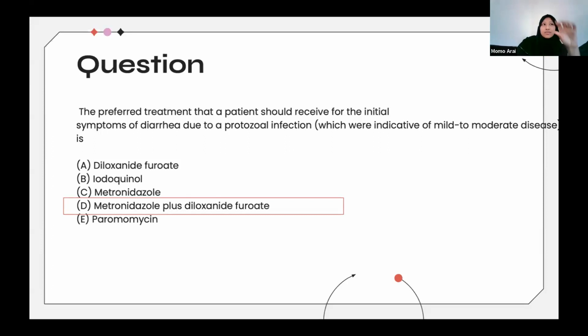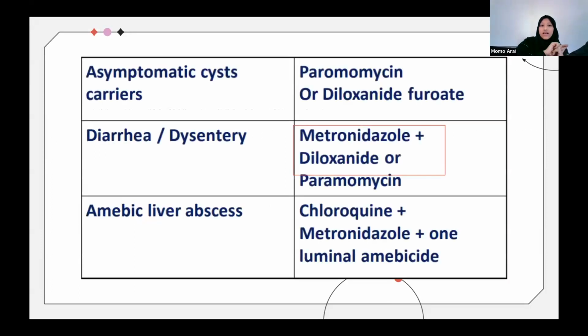Basically, the patient is showing symptoms of diarrhea due to protozoal infection. There's a certain protocol we all have to follow for patients who are asymptomatic, for patients showing symptoms, and for patients with severe disease. If you go to the next slide, there's a table. I just wanted you to remember this, because if a patient is asymptomatic, you can use A alone, which is diloxanide furoate. It's fine to use it alone.